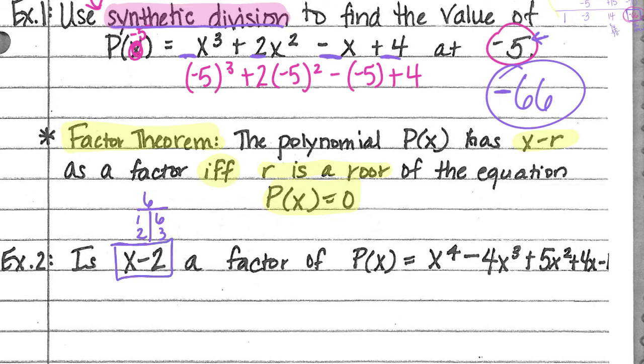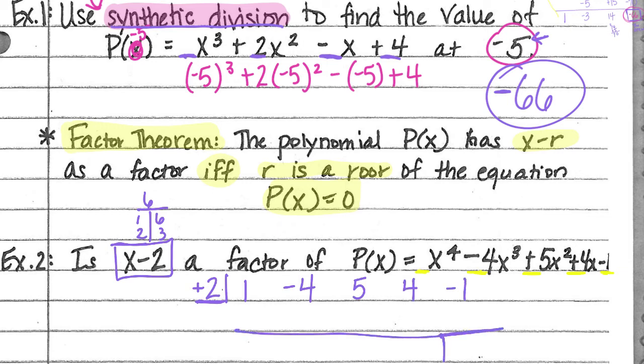I can use synthetic division by putting in a +2 on example 2. And then I'm going to go ahead and use the 1, the -4, the 5, the 4, and the -1 to see if it's a factor. So 1, -4, 5, 4, -1.